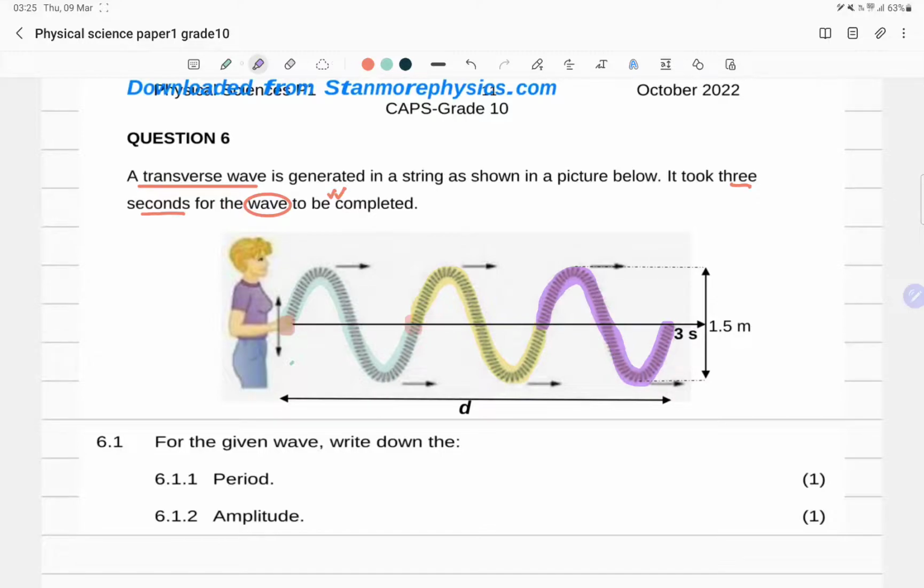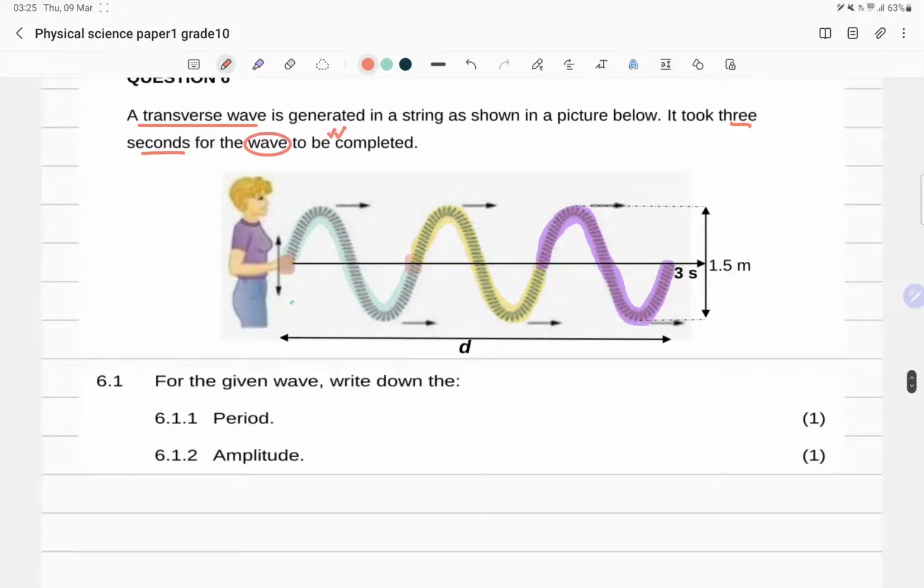Sometimes when you don't understand, you just don't understand. Let's not make others look like they are crazy. Okay, so we can see that we've got 3 waves, because this is wave 1, this is wave 2, this is wave 3. So there's 3 full waves, or 3 complete waves.